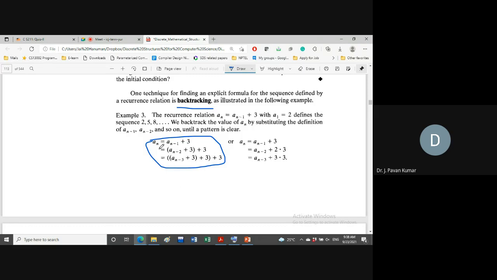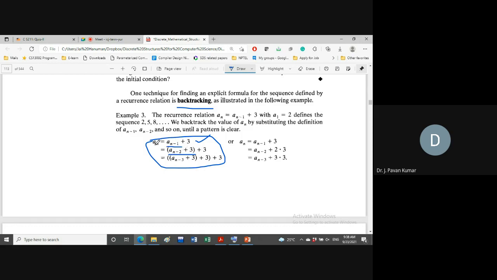What we are doing here: an is equal to an minus 1 plus 3. This is the recurrence relation. How we are solving this recurrence relation to obtain the explicit formula is, for the an minus 1 term, we are substituting its value here.